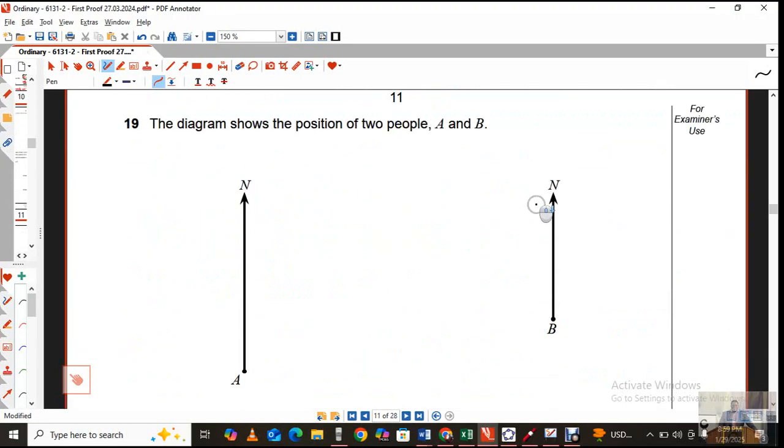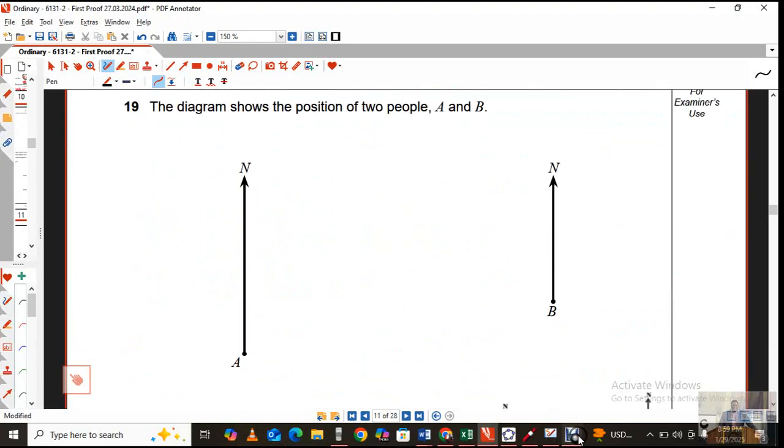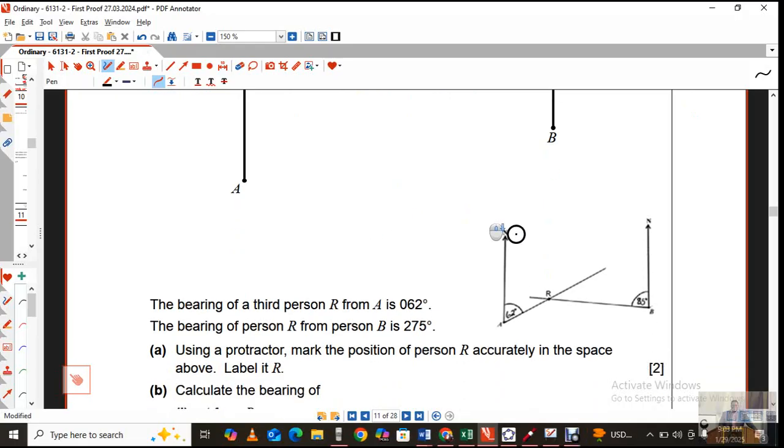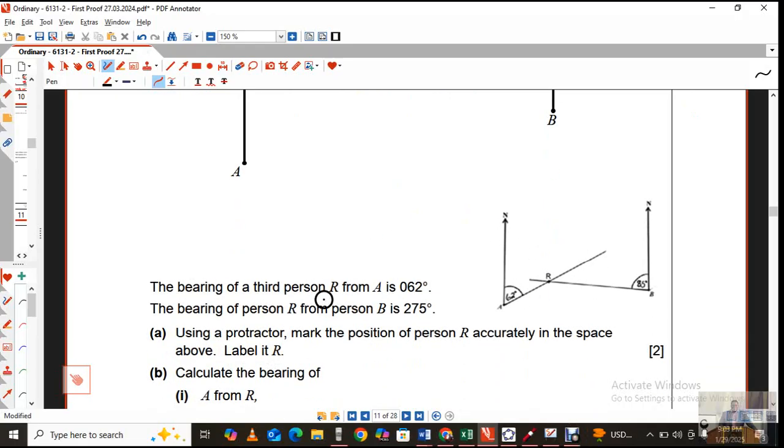Right. Take a little pause and we start with question 19. Question 19. The diagram shows the position of 2 people. Now, I've sketched it here. It says the bearing of a third person R from A is 062 degrees.